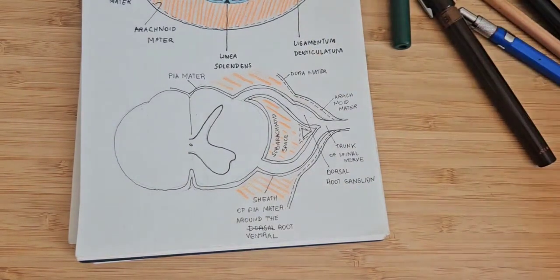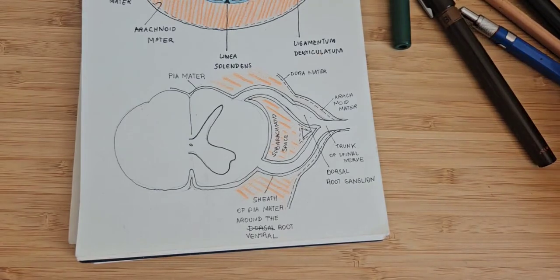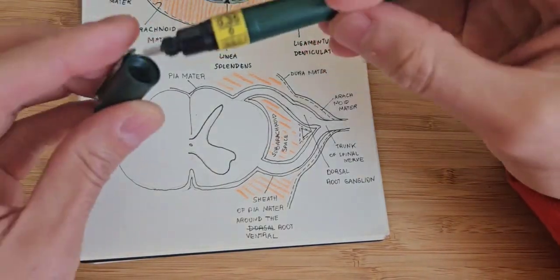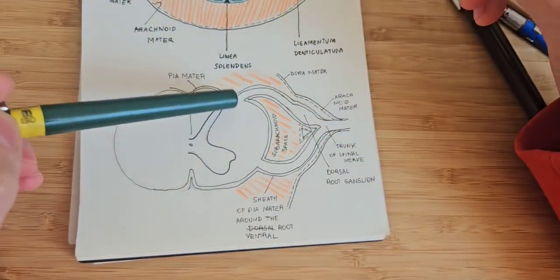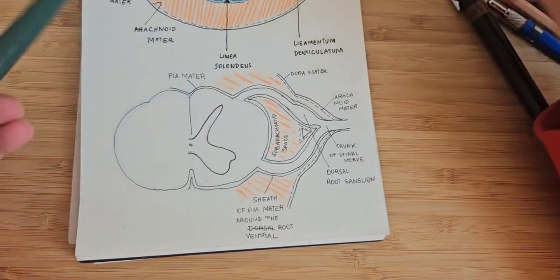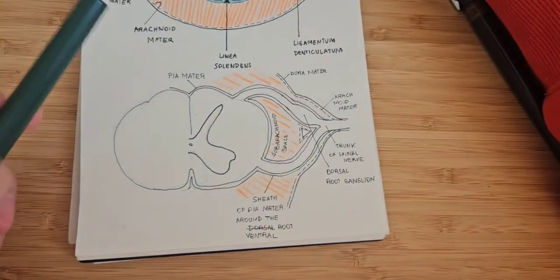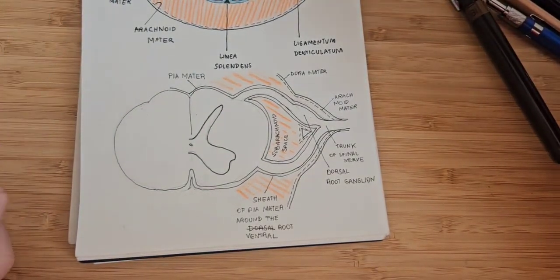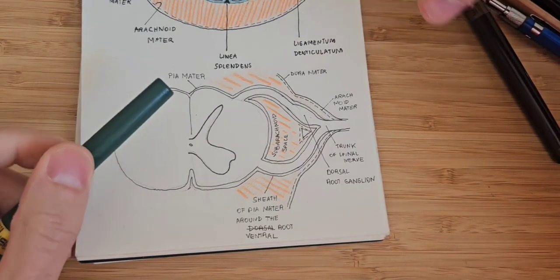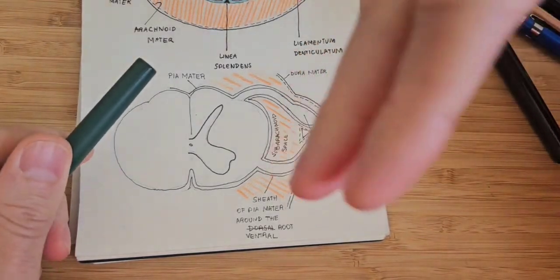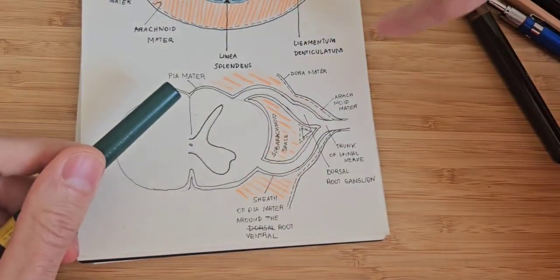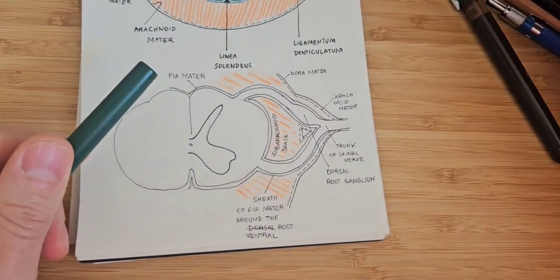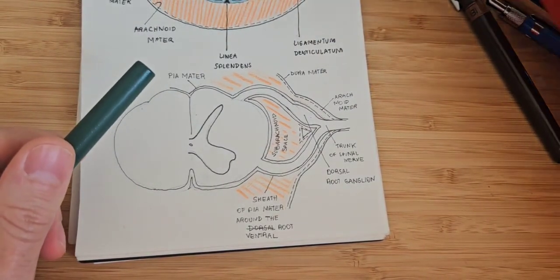As I mentioned before, pia mater is the innermost layer of the meninges, and as you should know at this point, it adheres closely to the surface of the spinal cord and spinal nerve roots.